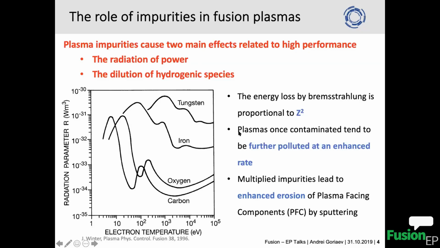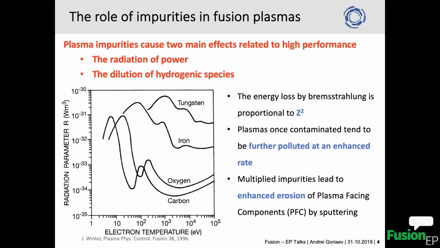If you have some impurities in your plasma, the amount of impurities can grow, because those impurities can be neutralized, they can escape the plasma, they can interact with your wall, creating more impurities coming into your plasma, and the plasma becomes more and more polluted. So the amount of impurities can grow during your plasma discharge.